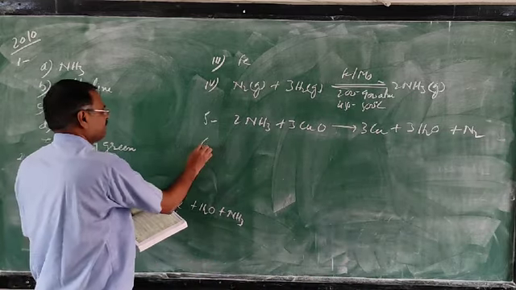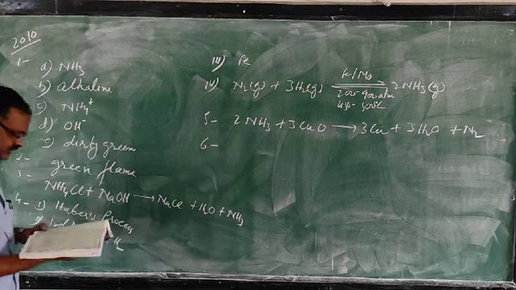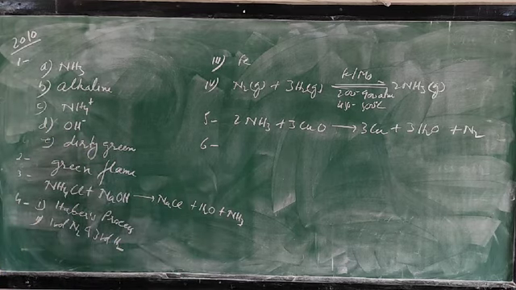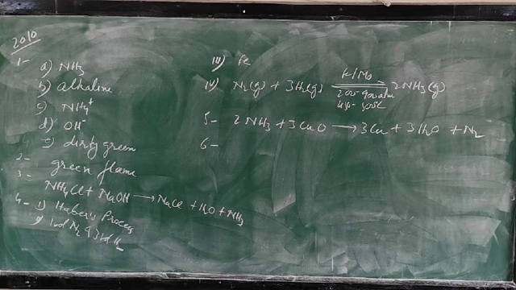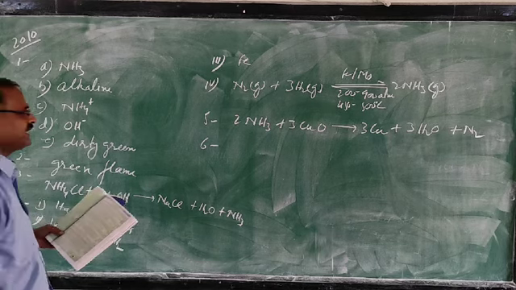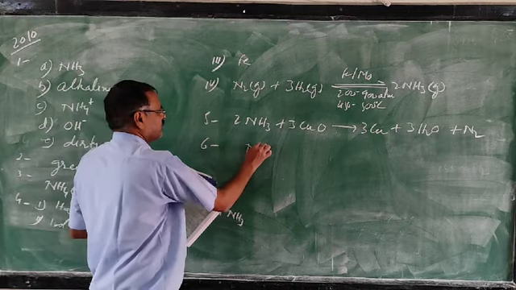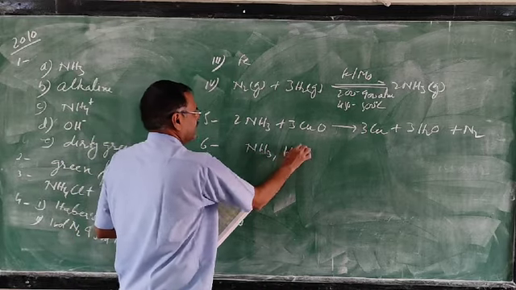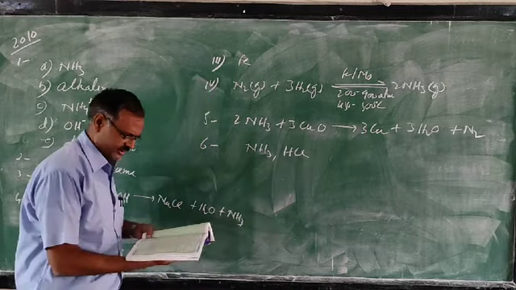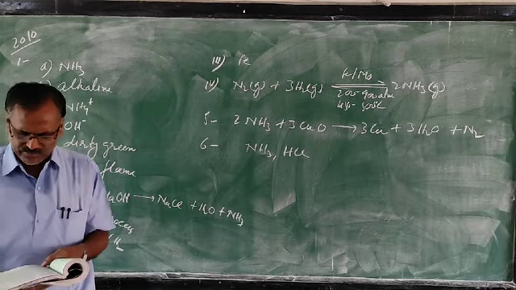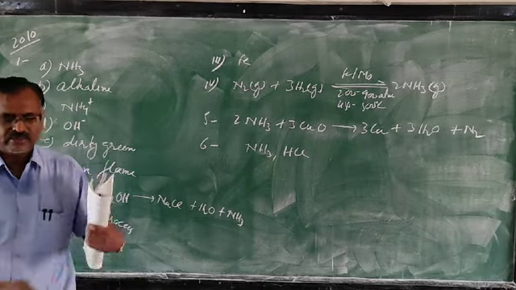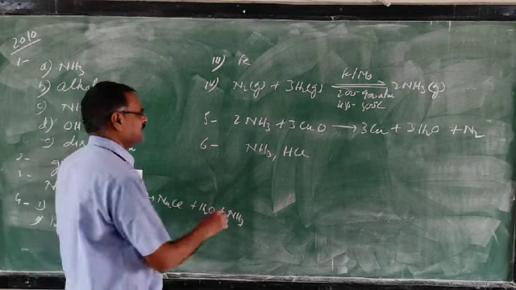Then sixth one, 2010: name two gases which can be used to study the fountain experiment. So two gases are ammonia and HCl. Then state the common property demonstrated by the fountain experiment.